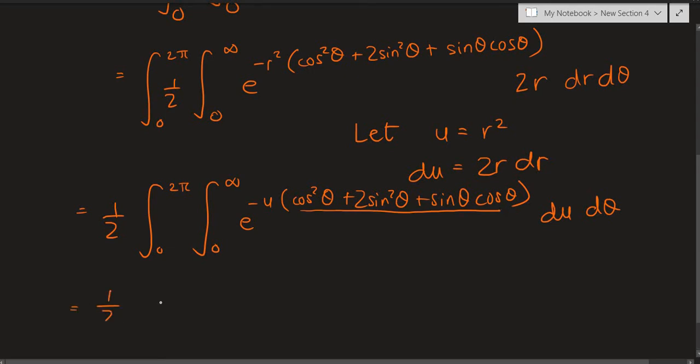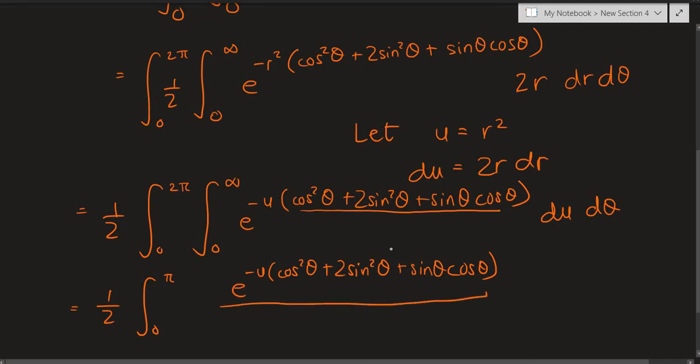So we'll obtain half the integral from 0 to pi of e raised to negative u, and all these terms as they are, cosine squared theta plus 2 sine squared theta plus sine theta cosine theta, divided by all these terms, cosine squared theta plus 2 sine squared theta plus sine theta cosine theta.